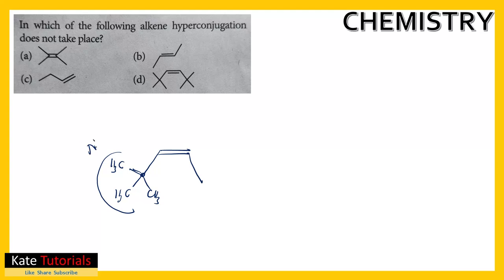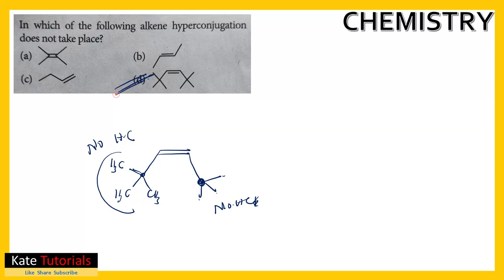And talking about this carbon, here also this carbon is attached to three CH3 groups. So there is no direct attachment of hydrogen, so overall this molecule doesn't show hyperconjugation.